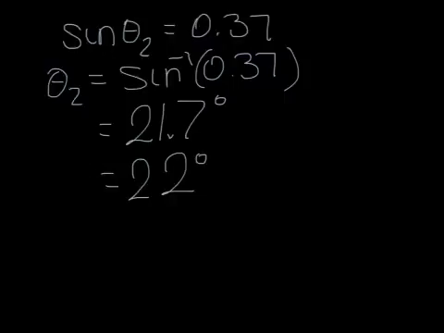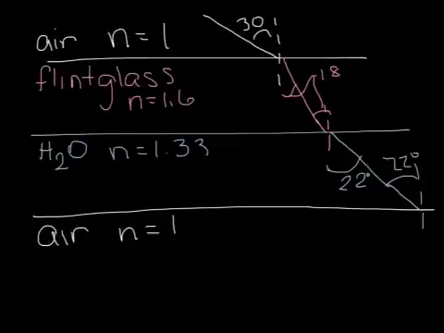So what does that mean for our picture? So now we're back to it going out of the water into air. We know the angle of incidence is 22 degrees. We know N is 1.33 for water and 1 for air.